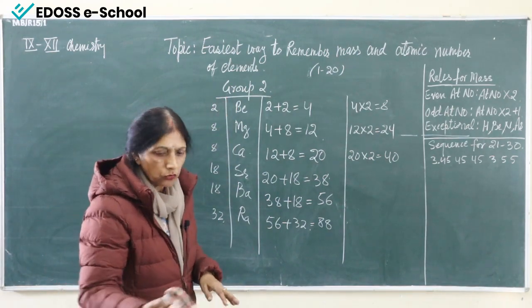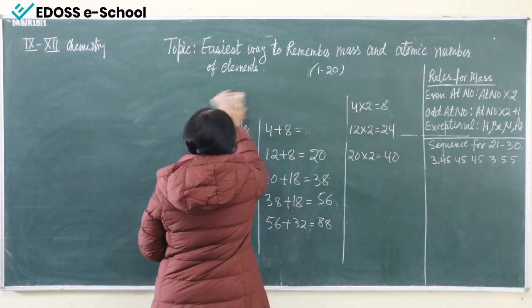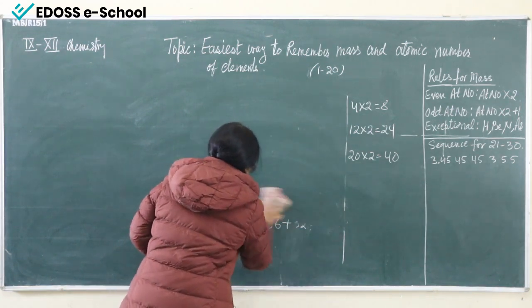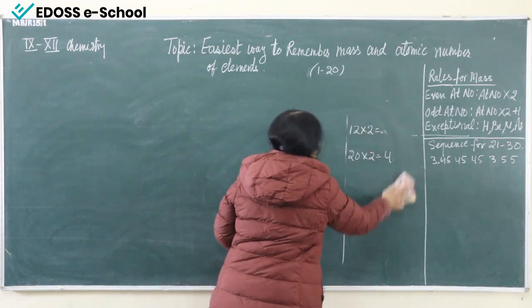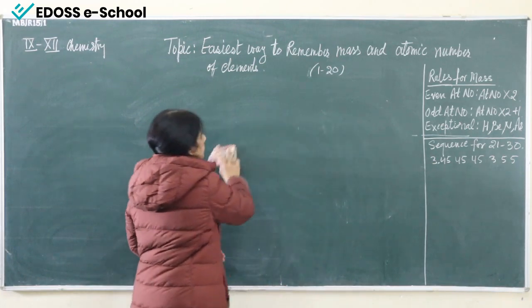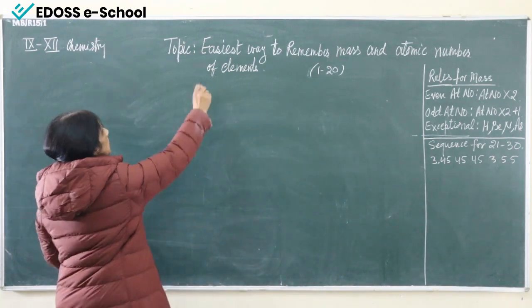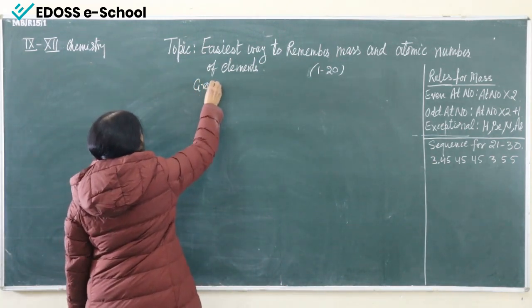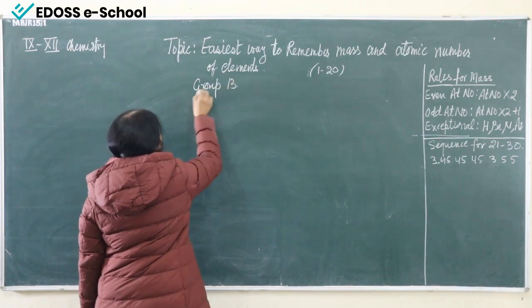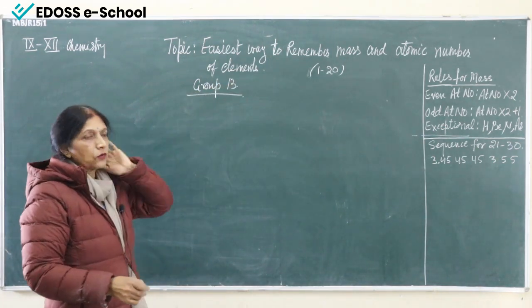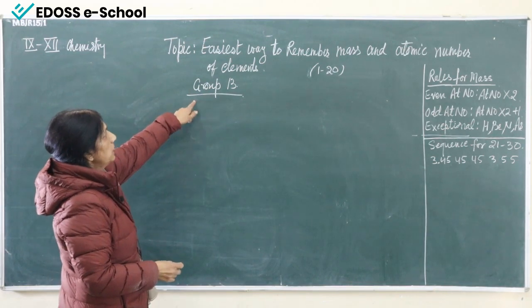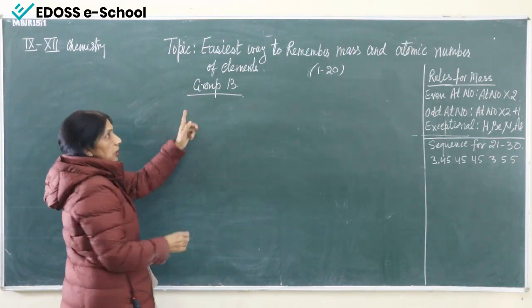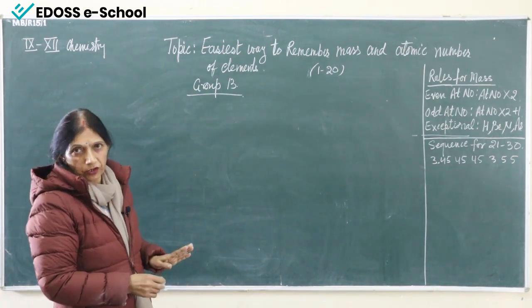Now coming to group 3. First we will take group 13. Now here the names of the vegetables we have to learn.